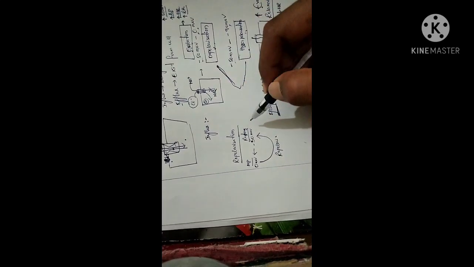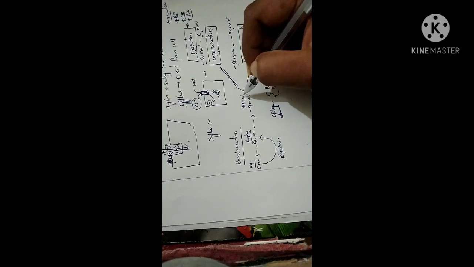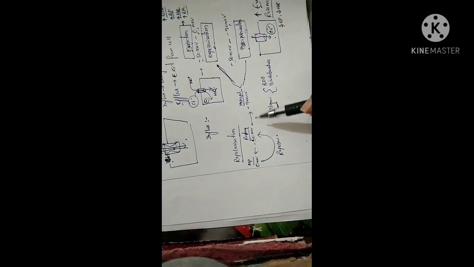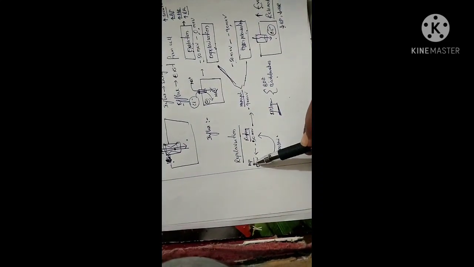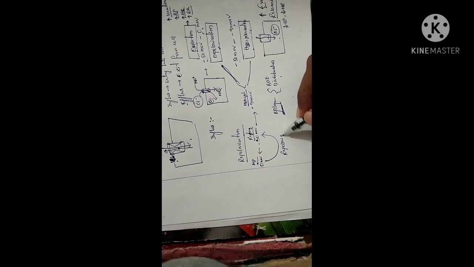If the charge goes further negative, from minus 50 to minus 90 millivolts, it is known as hyperpolarization. So we are very clear what is depolarization, what is the resting phase, what is hyperpolarization, and what is repolarization.